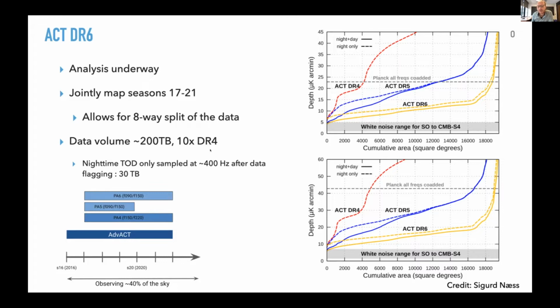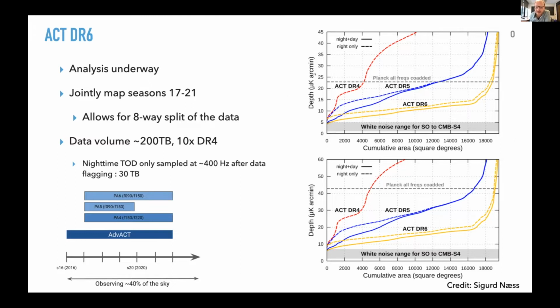And here on the right side, you can see some plots showing how good this data set will be. On top, you'll see the case for temperature, and on the bottom the case for polarization. The way to read these plots is that on the x-axis, you see the area at which all of the data is at a certain sensitivity or better.